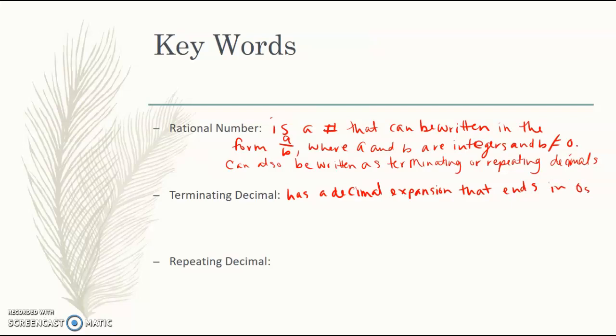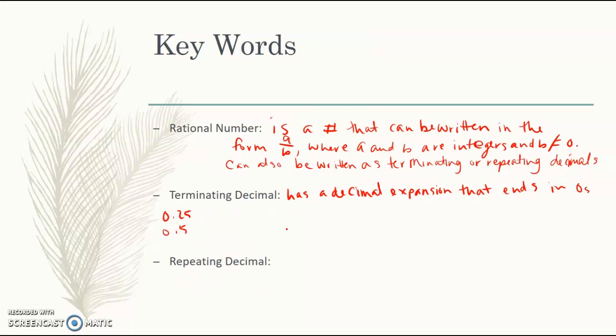And not just the fact that a 0 pops up, but that we would have multiple zeros that we have finished dividing. So that would be something like 0.25 or 0.5. Those are terminating decimals.